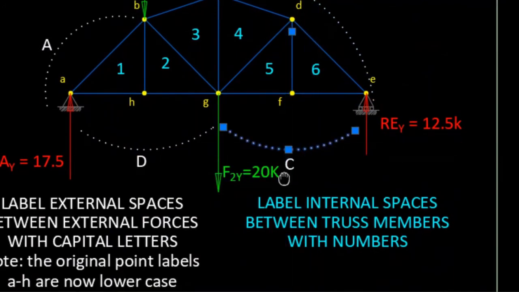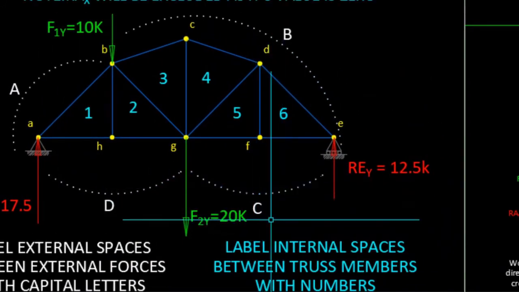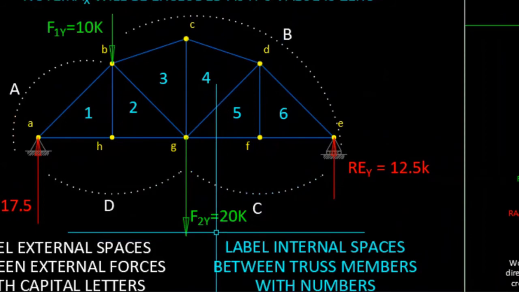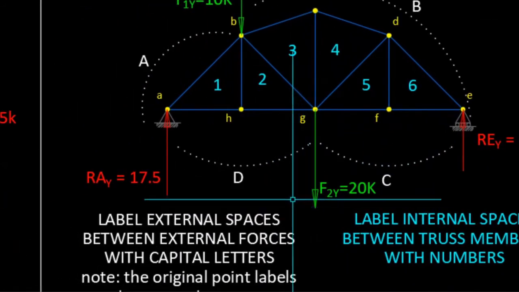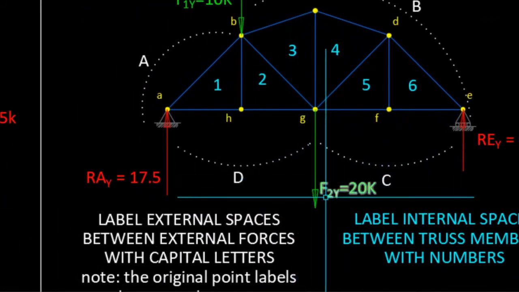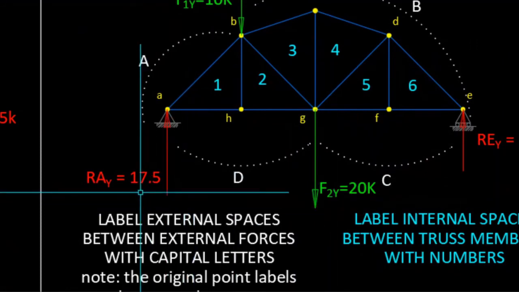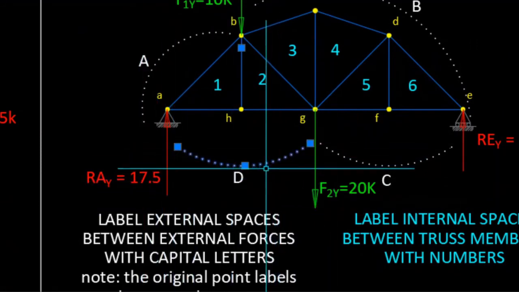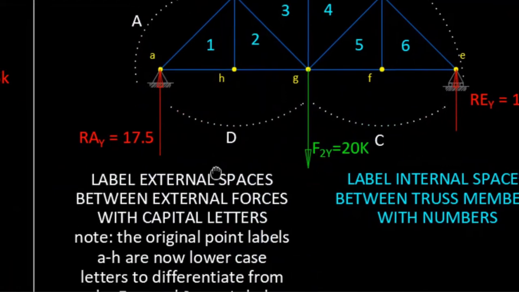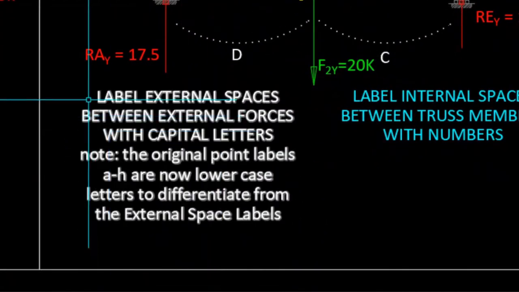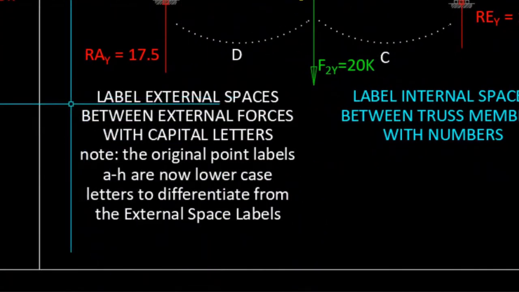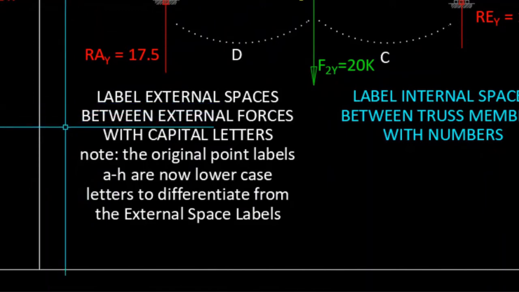Then we have space C between REY and F2Y. And last, between the external forces F2Y and RAY, we have space D. Okay, these were the labels for the external spaces between external forces. These were labeled with capital letters.